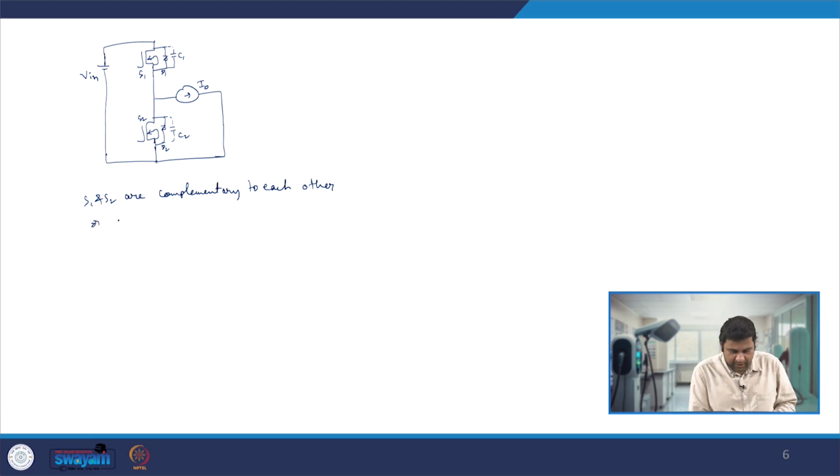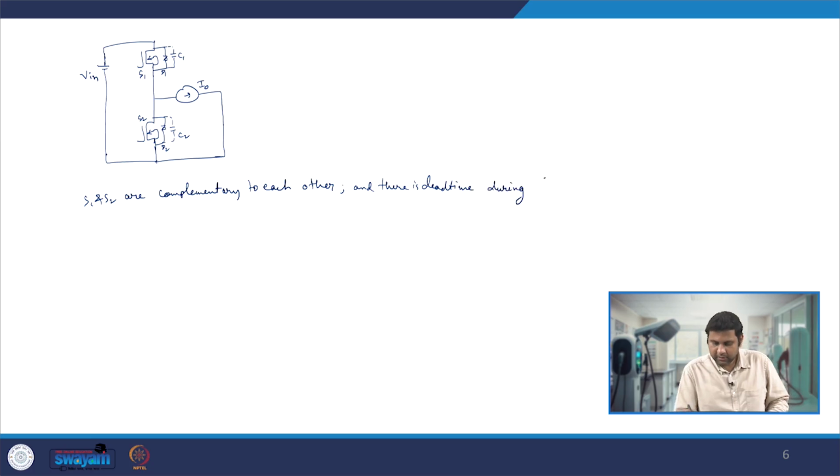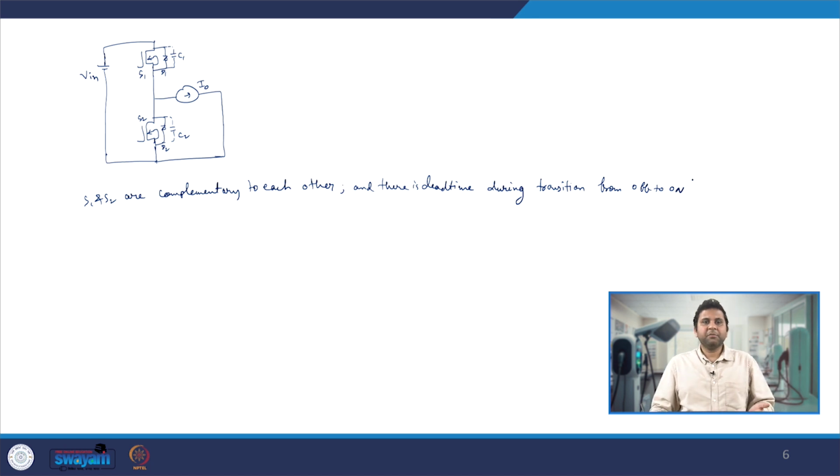So we have to provide a dead time during transition from off to on. In both cases there will be a dead time, and during the dead time both switches will be given a 0 signal.